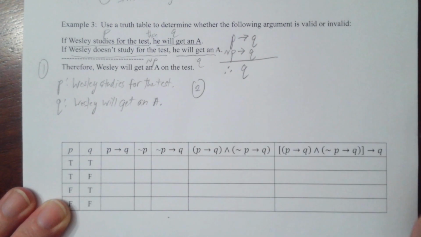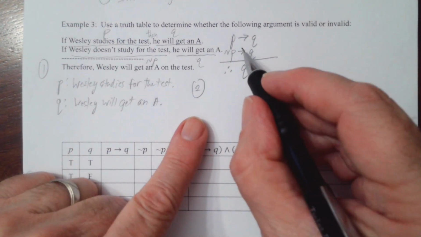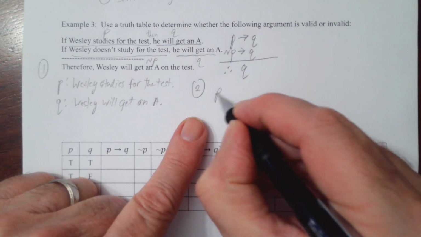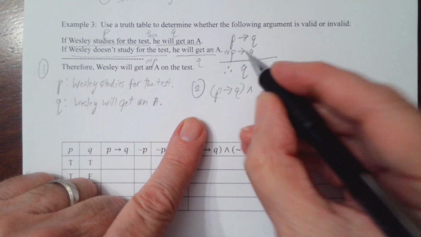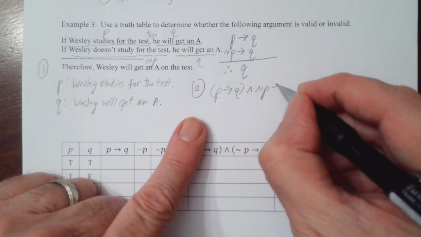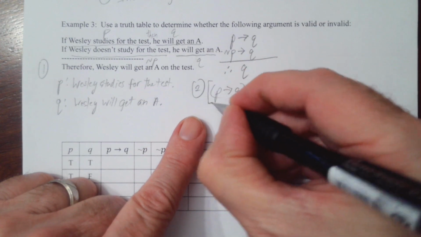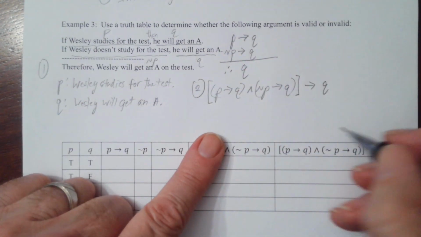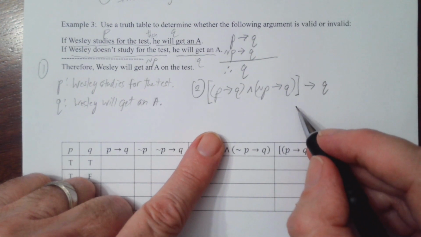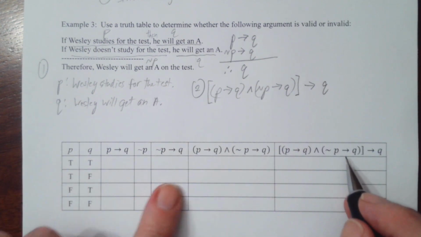Step 2, we need to write the conditional statement with our premises. So we have P implies Q, and we have not P implies Q. And we want to know if that implies Q. And so you can see that's our last column here.